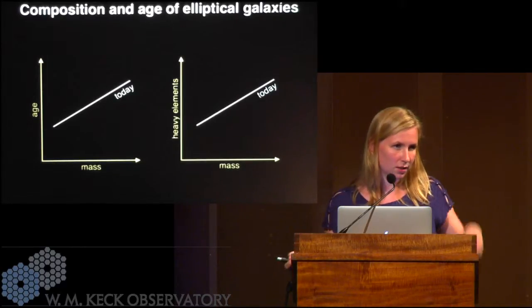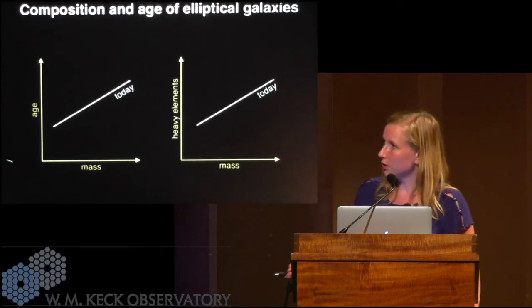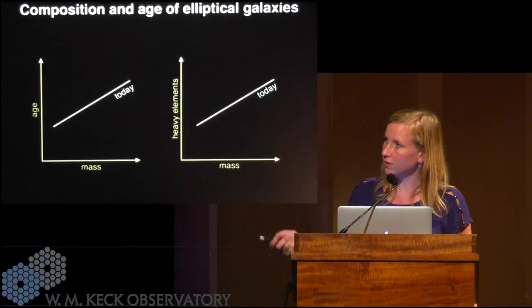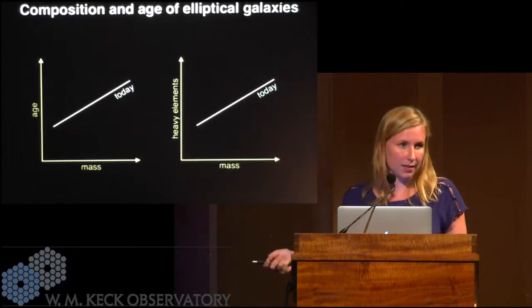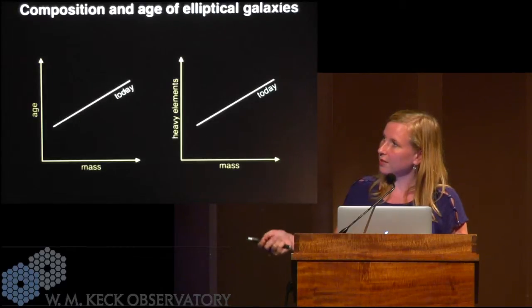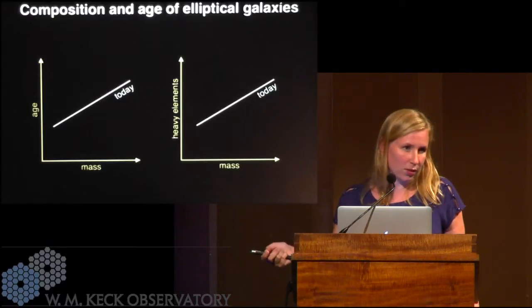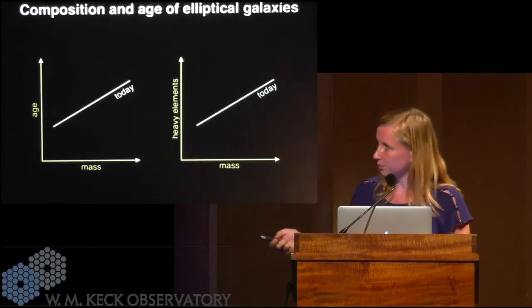And in one of the first slides, I put little images of galaxies on there. So here, on the y-axis, you see the age, and on the x-axis, you see mass. And this is where today's elliptical galaxies fall. This is the red sequence. I call this the red sequence.